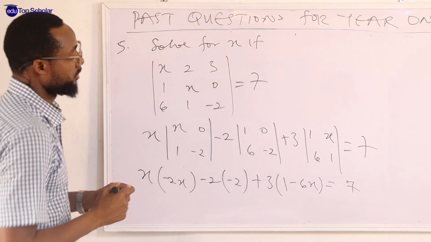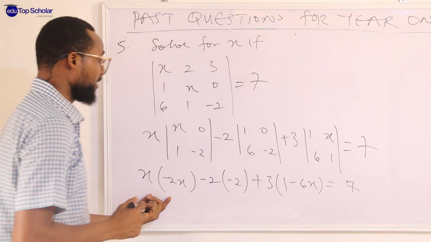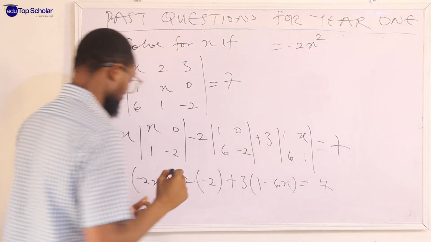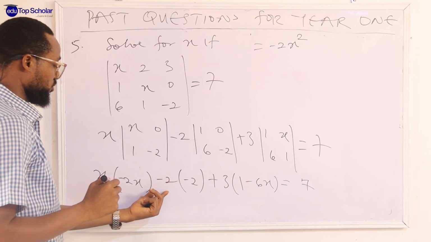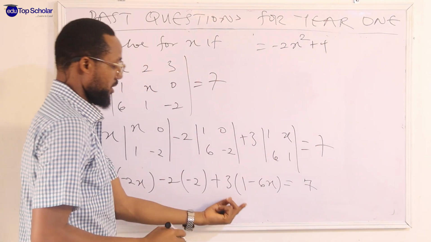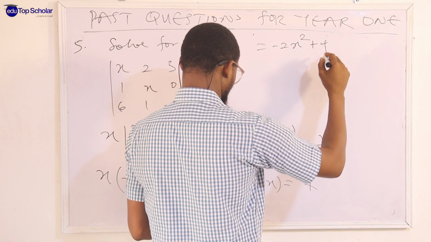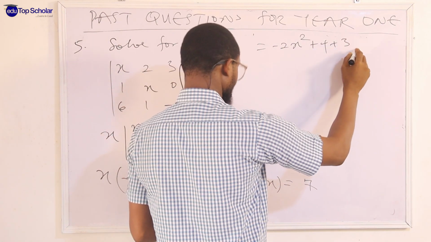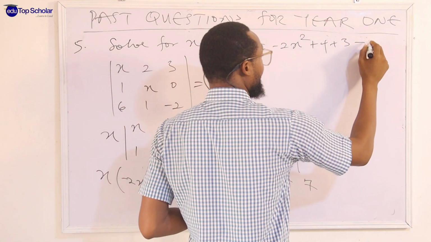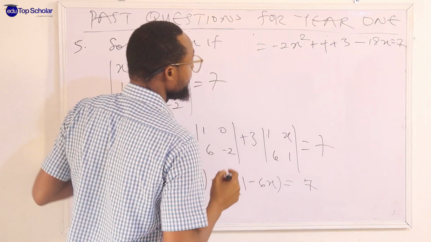And so we have x times the determinant of this, which will be minus 2x plus 0, minus 2 into 1 by this, we have minus 2, 6 by this, 0 is also 0, so that one will come, plus 3 into 1 by 1, 6 by x, that will be minus 6x. So we now have x by this, we have minus 2x squared. Minus 2 by minus 2 we have plus 4. And in this we have 3 by 1 we have 3. This will be plus 3 minus 3 by 6, that's 18, minus 18x equals 7.